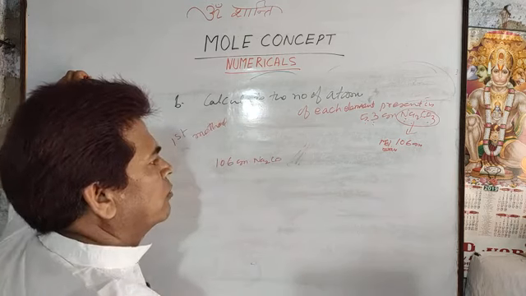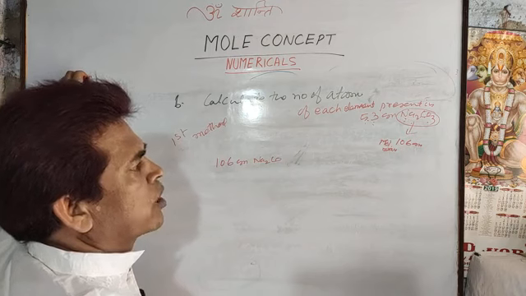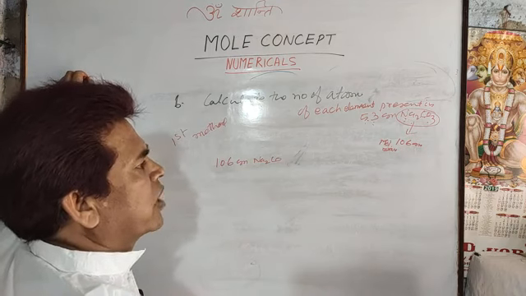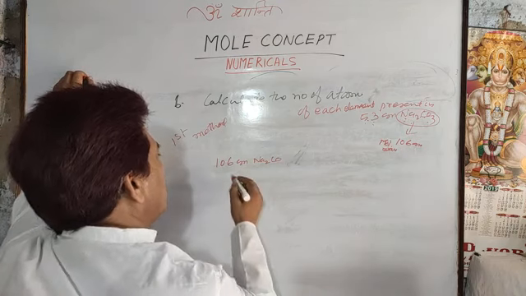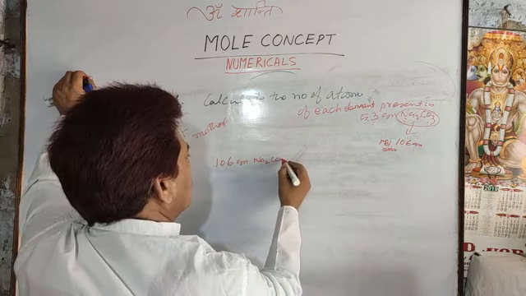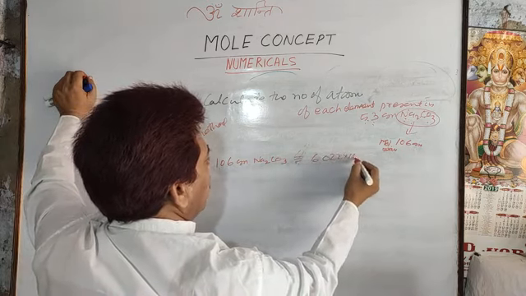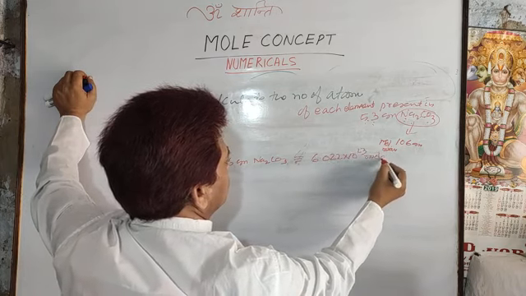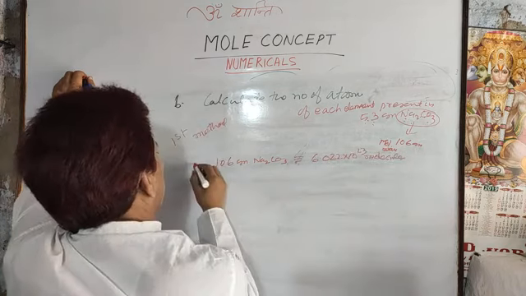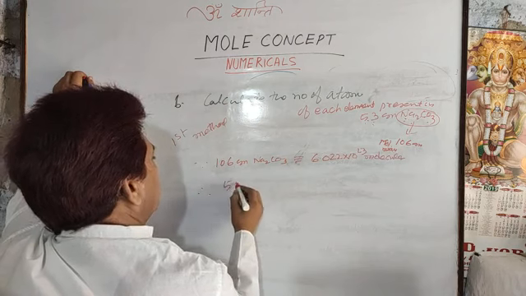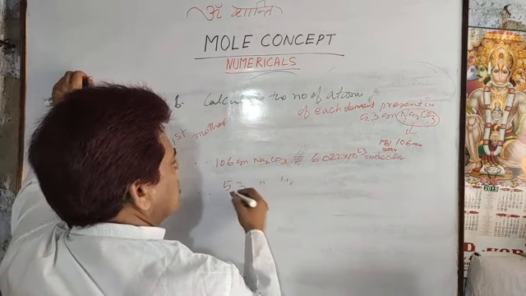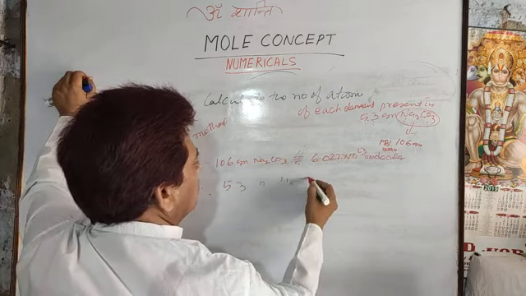What we are going to do is first change it into number of molecules, then convert that into number of atoms for each element. So 106 gram sodium carbonate always contains 6.022 × 10^23 molecules. Therefore in 53 gram sodium carbonate, just half, it becomes half.